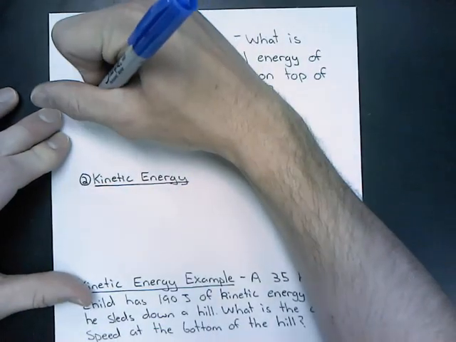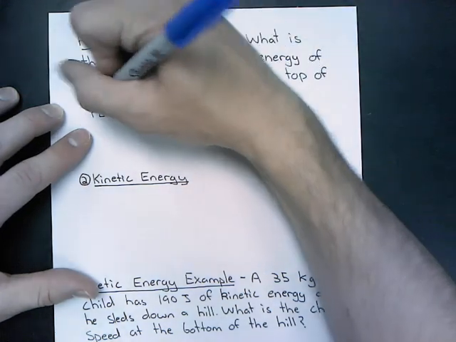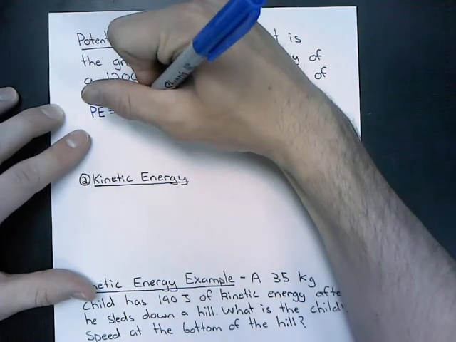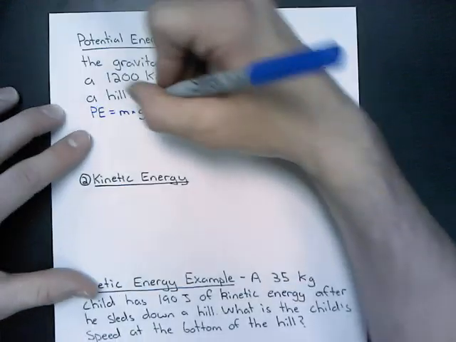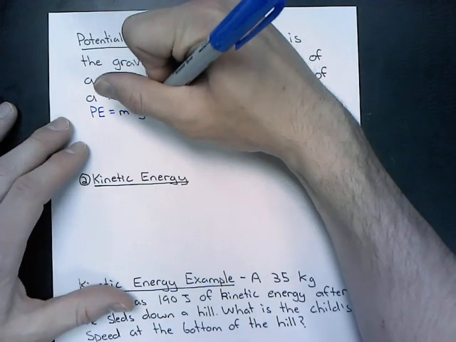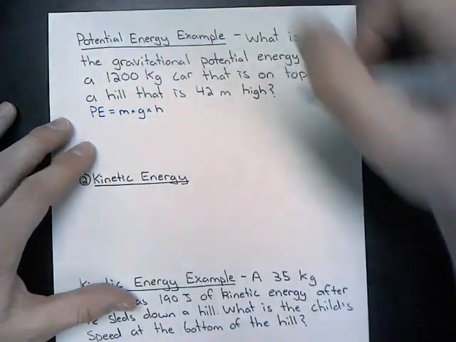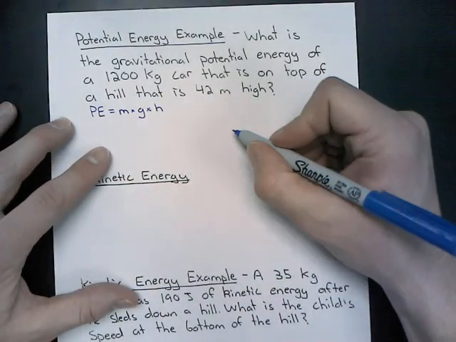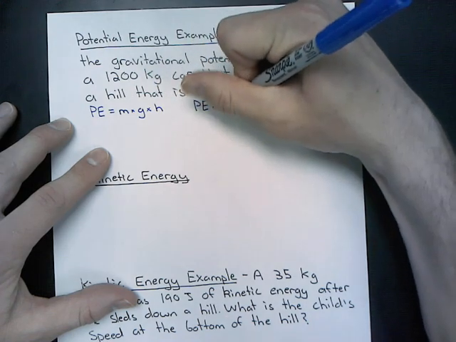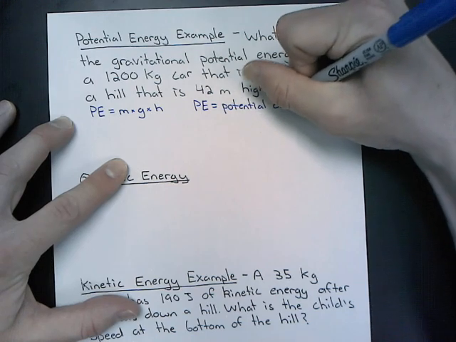The formula is PE, for potential energy, is equal to the mass times g, for the free fall acceleration or gravity, multiplied by h, for height. Out here to the side, the PE just stands for potential energy.